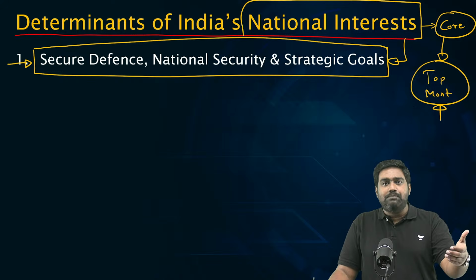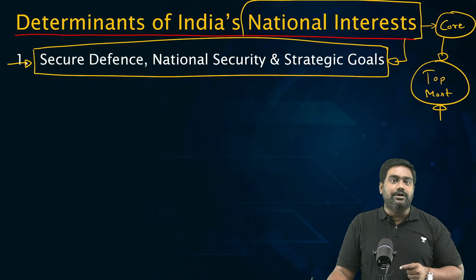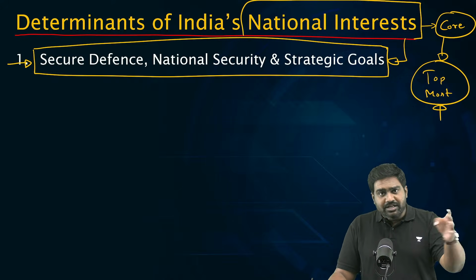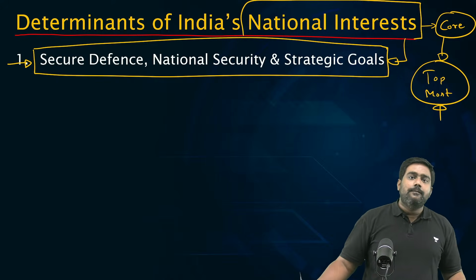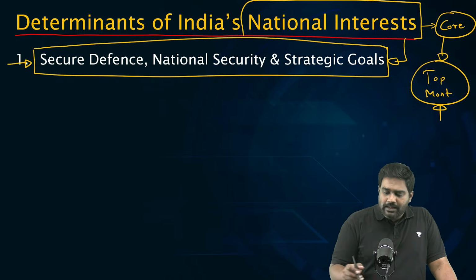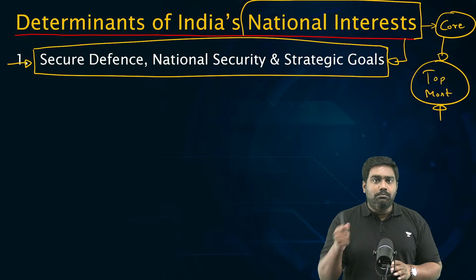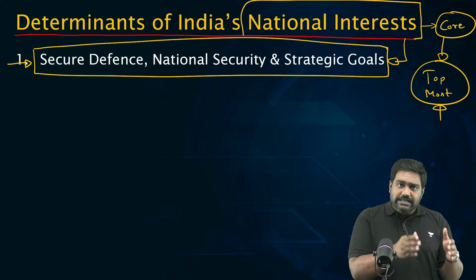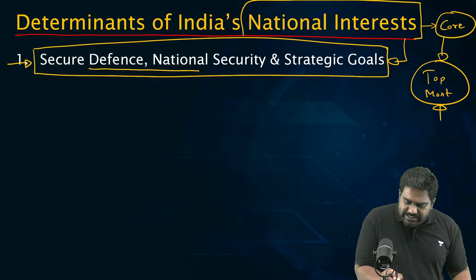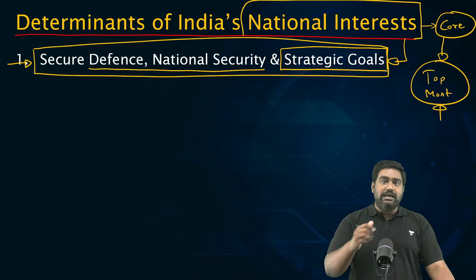Because there are hostile powers who are trying to threaten India's sovereignty, unity, and integrity. It could be hostile actors like Pakistan or terrorist groups which are funded by Pakistan, or other hostile countries in the neighborhood and beyond as well, which might be threatening our territorial integrity, our sovereignty, and our borders. So, defending the nation against these external threats, protecting the national security of the nation, and achieving the strategic goals that have been laid down.